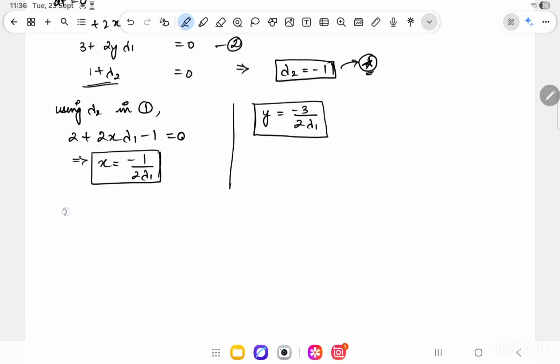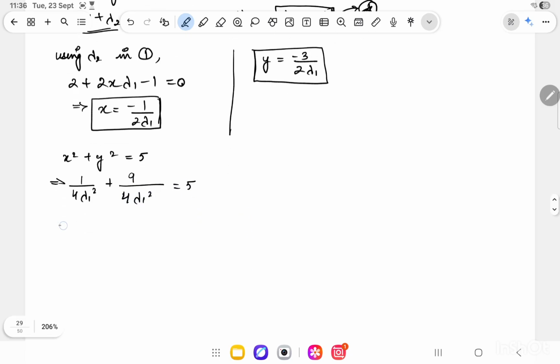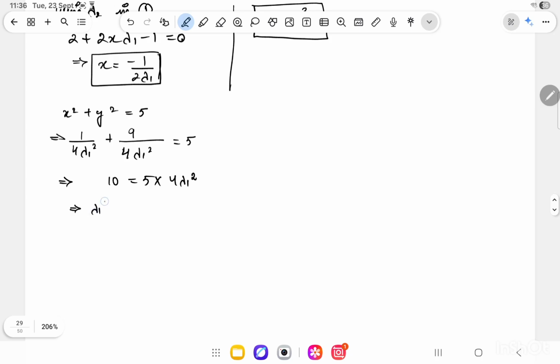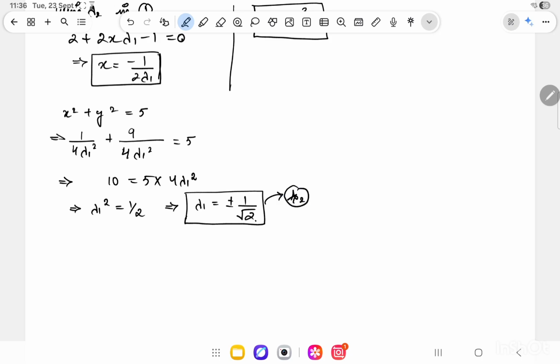So x square plus y square equals 5. From x square I'll be left with 1 by 4 lambda 1 square, and from y square I'll be left with 9 by 4 lambda 1 square, equals 5. If I simplify it, I'll get 10 equals 5 into 4 lambda 1 square. So this gives me lambda 1 square equals 1 by 2. So from here I'll get lambda 1 as plus minus 1 by root 2. Let's name this as star 2.